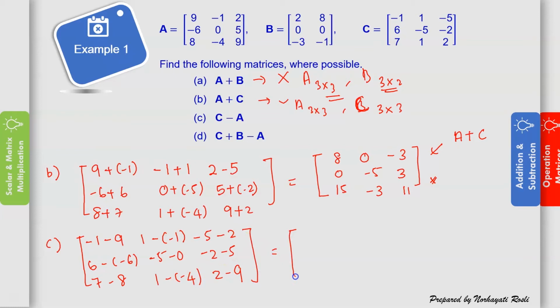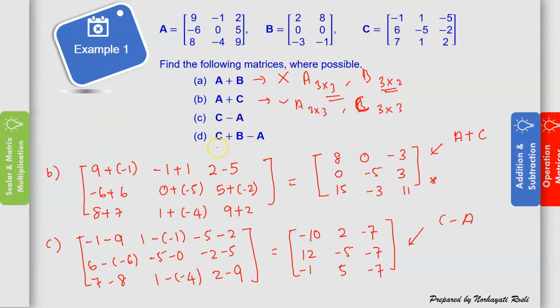In this case, we will have negative 10, 2, and then negative 5 minus 2, we have negative 7, here 12, negative 5, negative 7, negative 1, 5, and then 2 minus 9, negative 7. So this is the answer for C minus A.